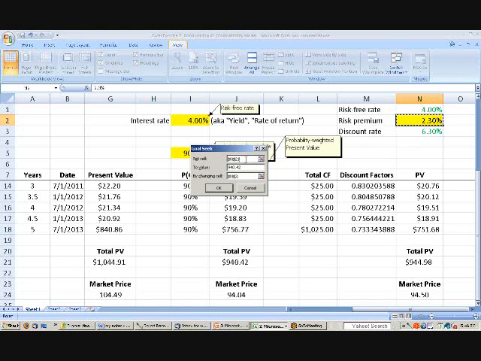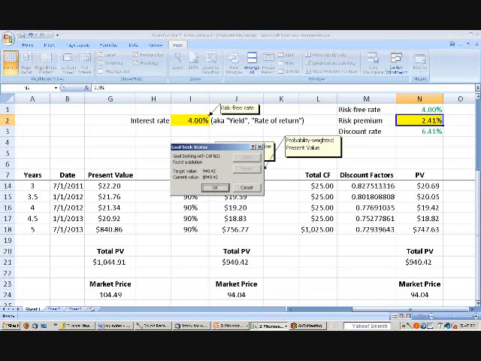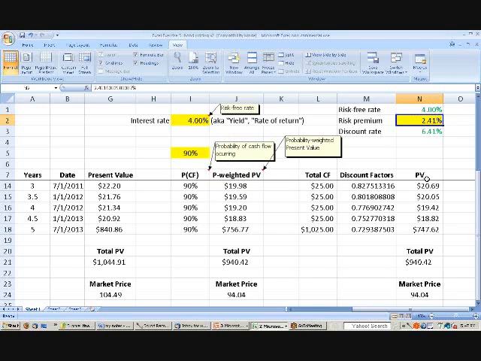So we're trying to seek for the value of N21 to equal the value here, 940.42, by changing the risk premium, this value in cell N2. So I hit OK, and just like that, Excel calculates that the risk premium should be 2.41%, which gives us a discount rate of 6.41%, and that sets our present values equal using these two different methods.